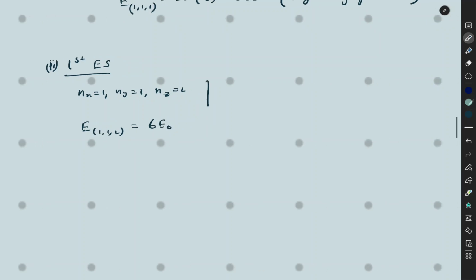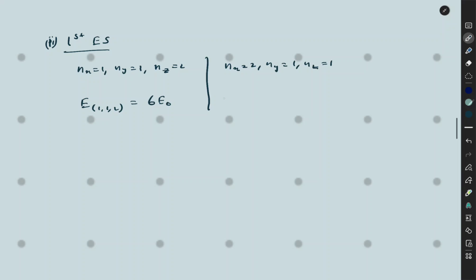Is this combination possible in another way? Yes, that is possible. nx equal to 2, ny equal to 1 and nz equal to 1. So here also energy of 2, 1, 1 equal to 6 E naught.